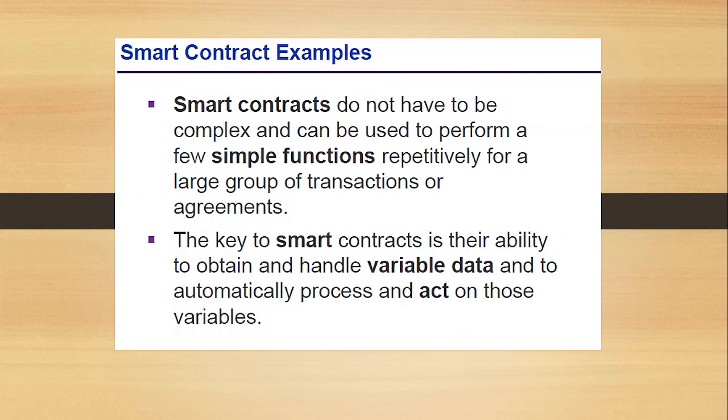Now, smart contracts don't have to be very complex. Remember, they're here to solve the issue of intermediaries or centralized authority, so we are trying to do away with these. This particular smart contract needs to perform a lot of functions. Smart contracts can handle a variety of data and automatically execute instructions, so ideally it should not be complex.